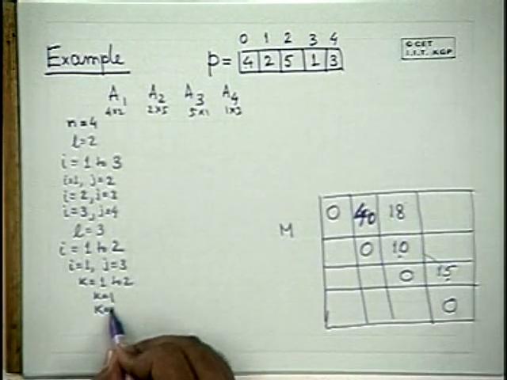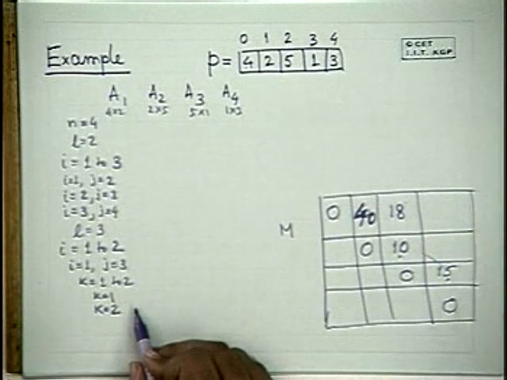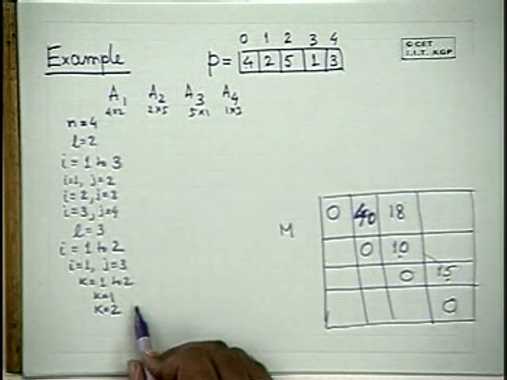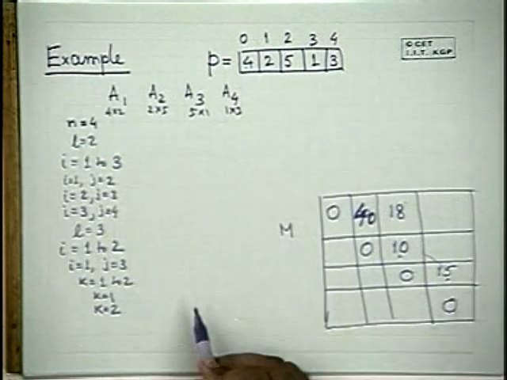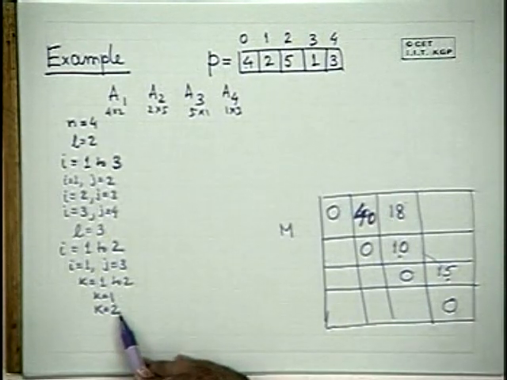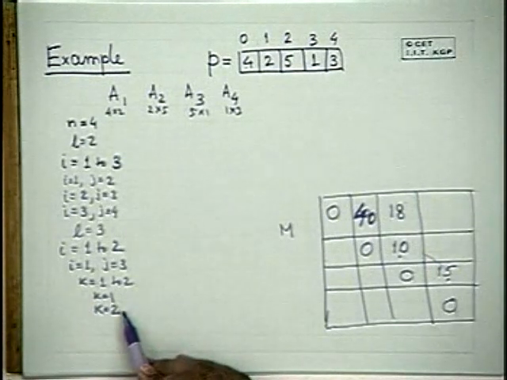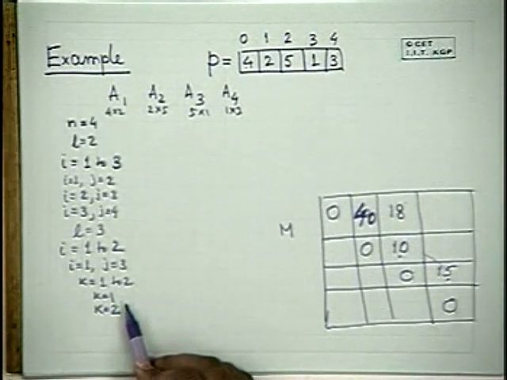Now k is equal to 2. What will k is equal to 2 give you? K is equal to 2, again Mik. Mik is what? M12 is 40. And then M22 is 0. 40 plus 0 plus that 3 thing, what is that? 20.